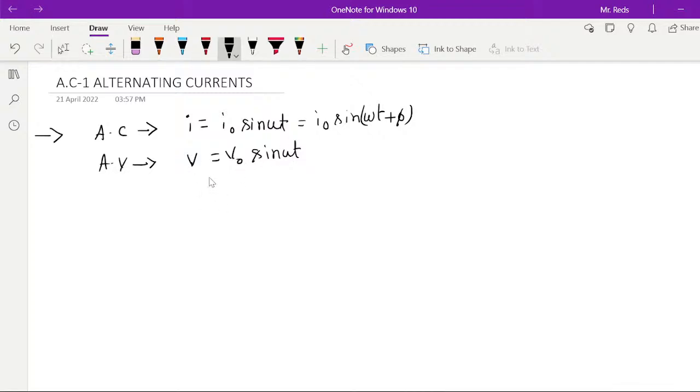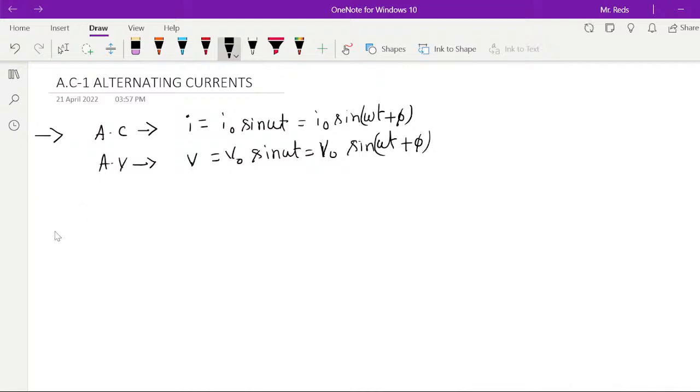Right. So the alternating voltage similarly can be expressed as V equal to V naught sin omega t, or with some phase difference, V equal to V naught sin of omega t plus phi also. This phi can be 0 and this phi can be 90, whatever it is.